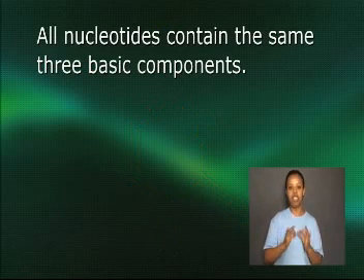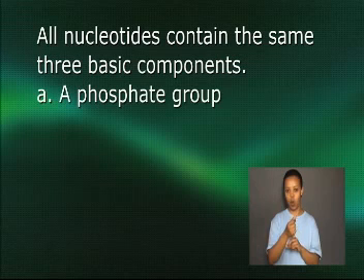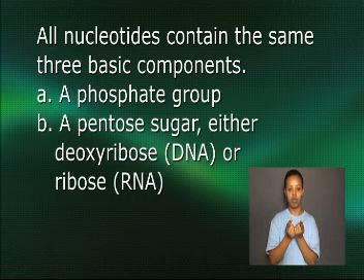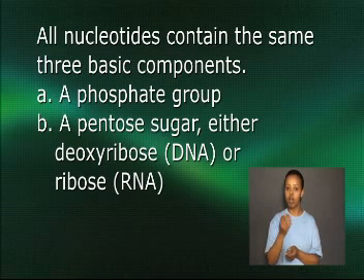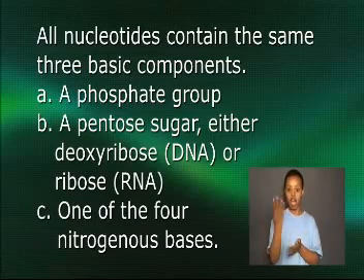All nucleotides contain three basic components: a phosphate group, a pentose sugar, which is deoxyribose in DNA nucleotides, and ribose in RNA nucleotides, and one of the 4 nitrogenous bases. DNA is a huge molecule.